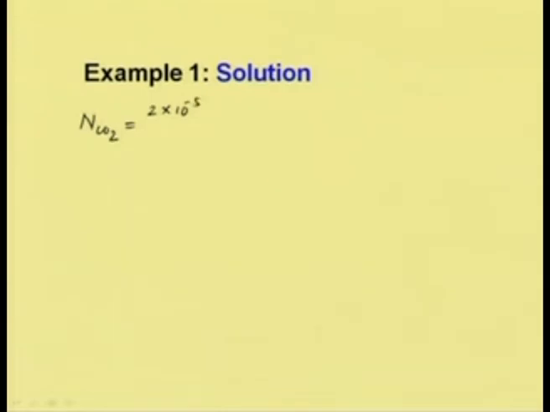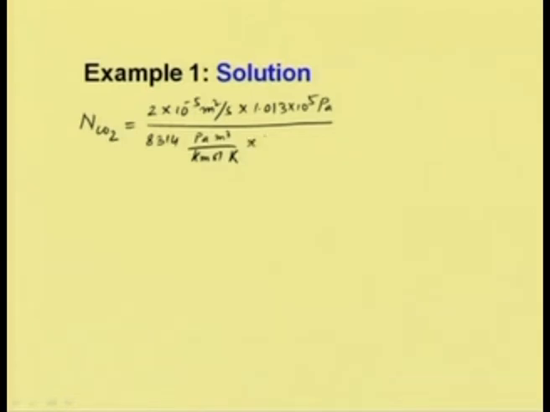So, now if we substitute in the flux equation, NCO2 is the diffusion coefficient 2 × 10 to the power minus 5 meter square per second, times the total pressure 1.013 × 10 to the power 5 pascal, divided by R, 8314 pascal meter cube per k mole Kelvin, times 300 Kelvin, times the distance 0.05 meter, times the log mean partial pressure of component B, 88590 pascal, times 20,000, the partial pressure of component A at point 1, minus 5000 pascal.